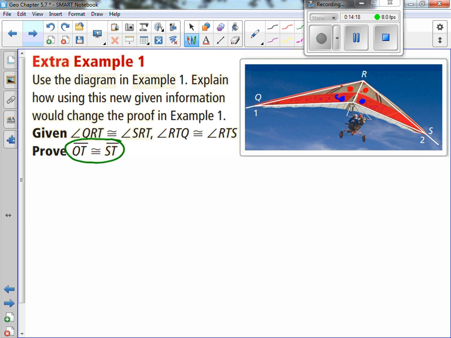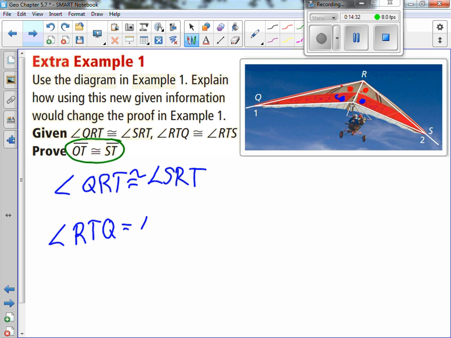So let's see what we have. We have angle QRT is congruent to angle SRT. We also have that angle RTQ is congruent to angle RTS. So far I have an angle and an angle.